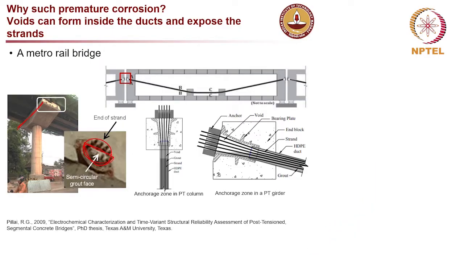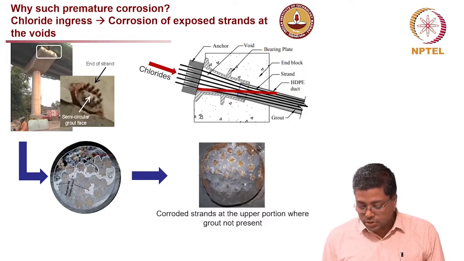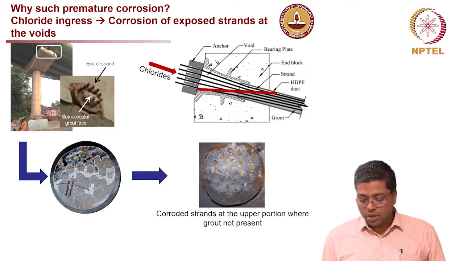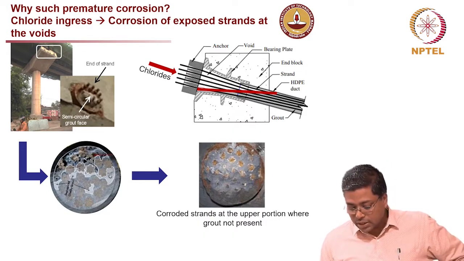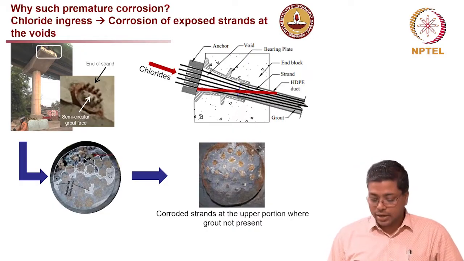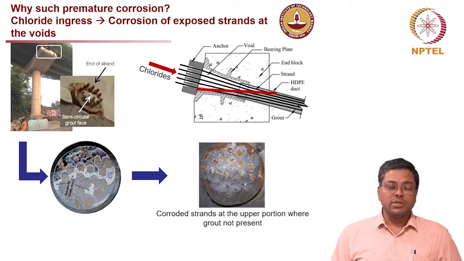What is the problem with this is that after some time, as you see here, if there are regions with no grout and with grout, the top portion of this grout, indicated by this horizontal red line, will get very easily carbonated.